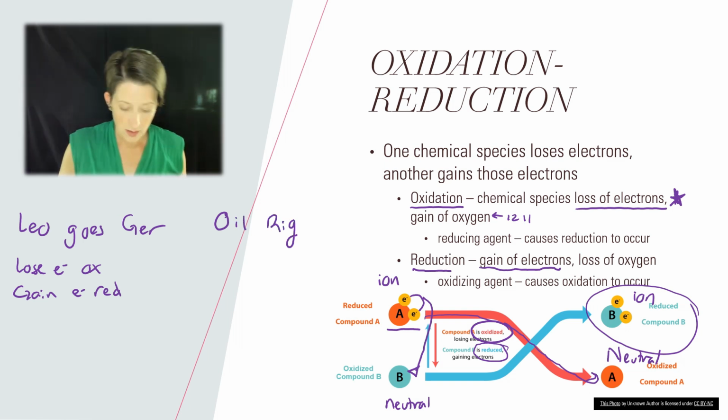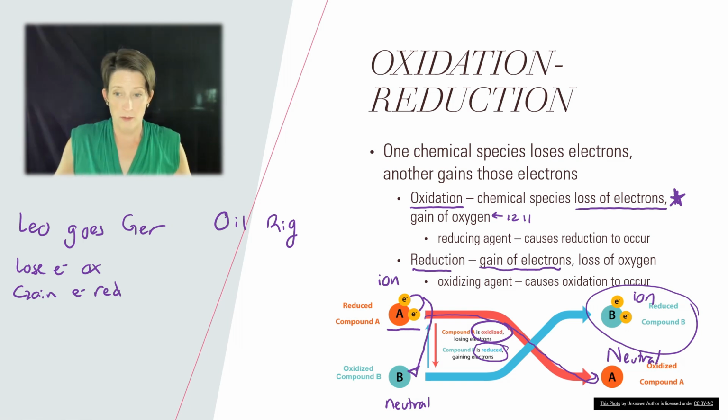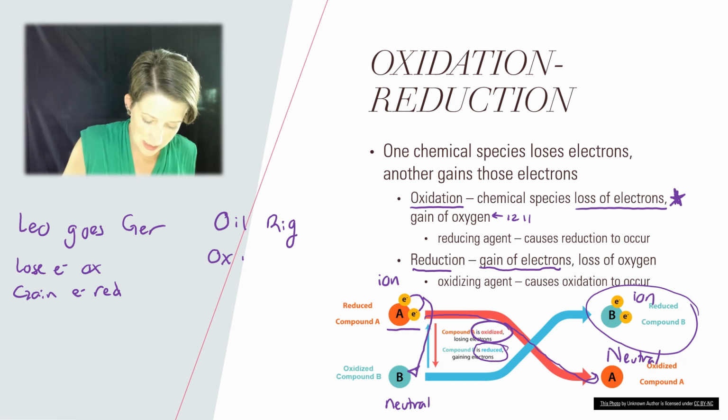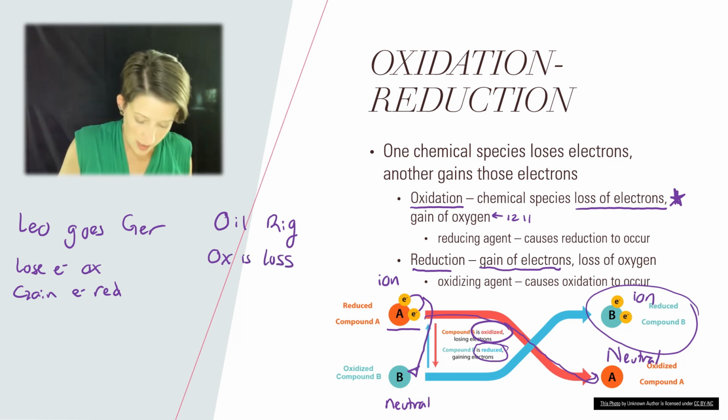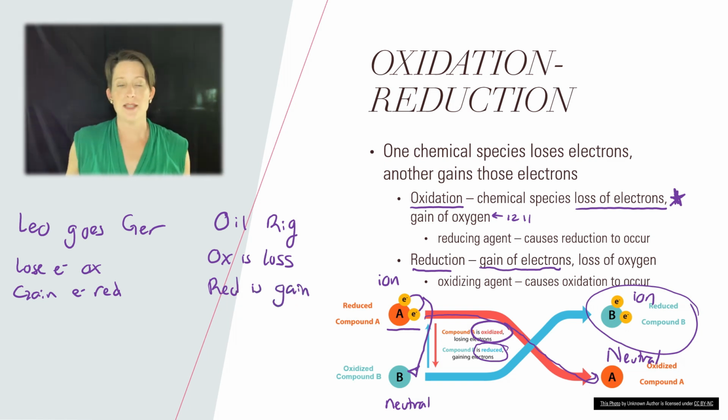I like Leo goes grr in 1201 because we're talking about electrons. OIL RIG kind of doesn't make as much sense. But oxidation is loss, so we had to lose something, electrons. Reduction is gain. We had to gain something, electrons. So we always have to have one or the other, and it's tracking where these electrons are going.